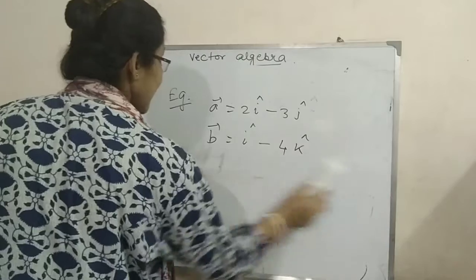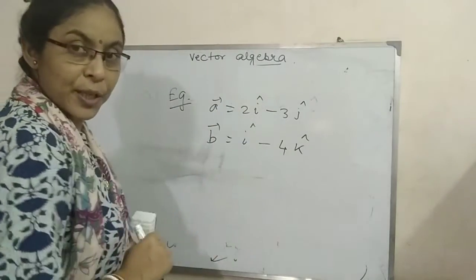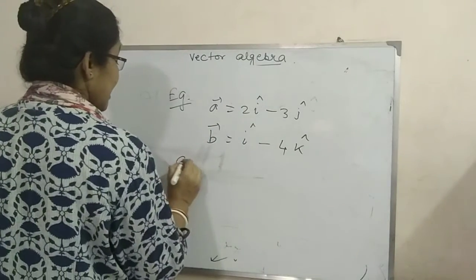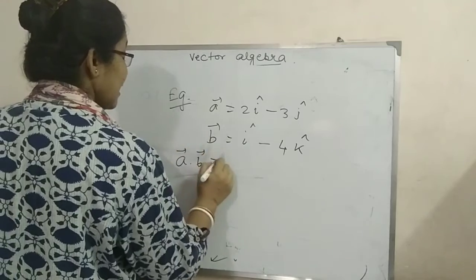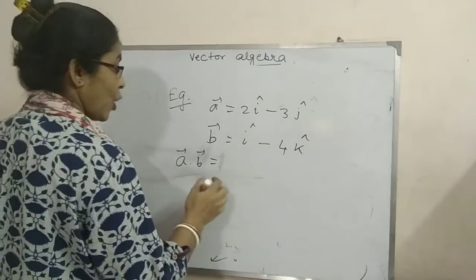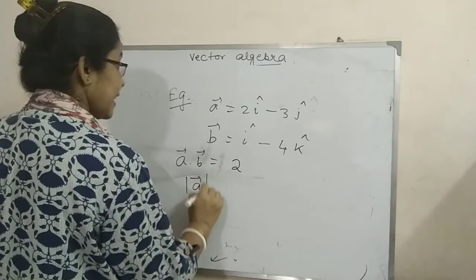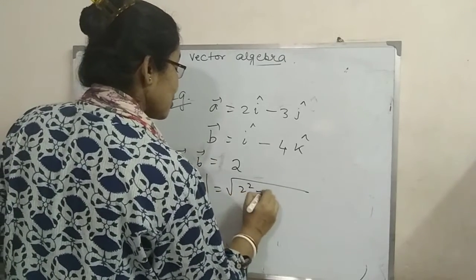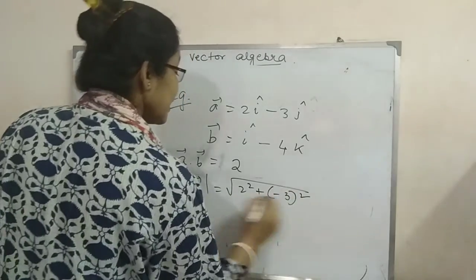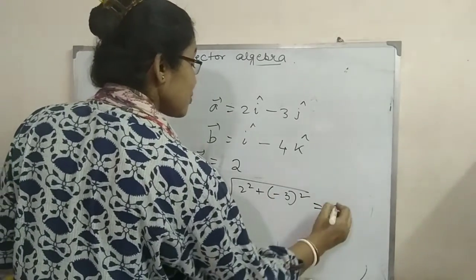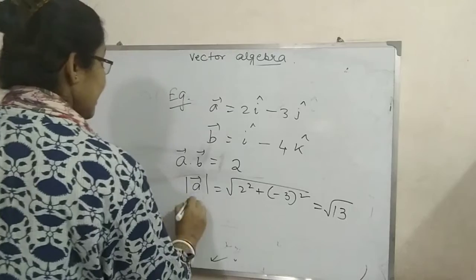If it is asked to find the angle between the two vectors, then first I have to find A dot B, which equals 2. Modulus A equals root over 2 square plus minus 3 whole square, that is 4 plus 9, which is 13, so root 13.